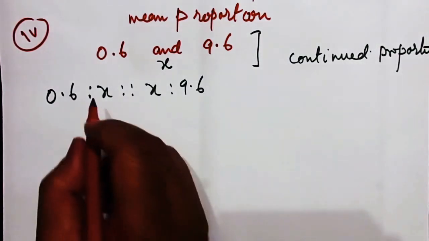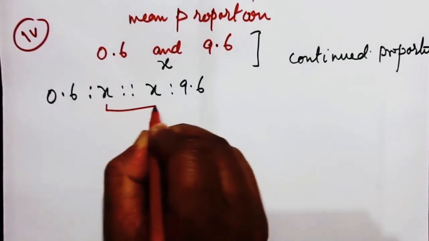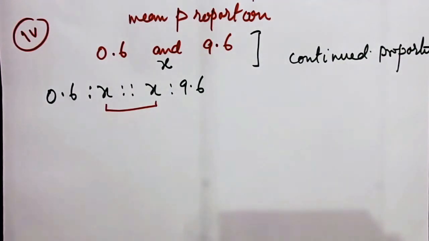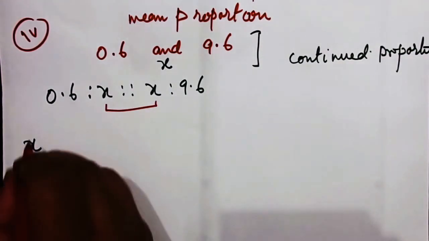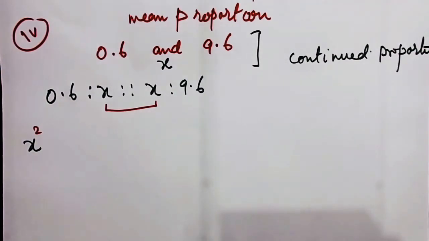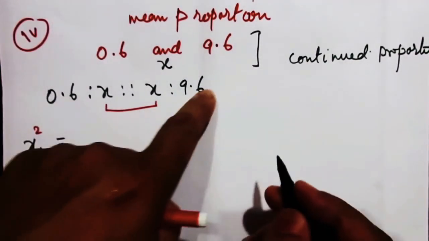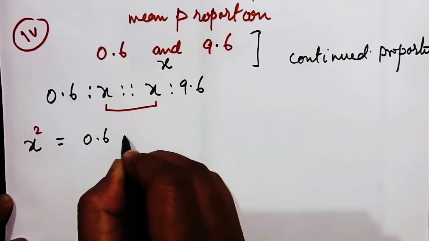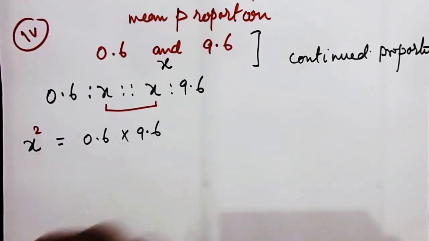When we multiply the means, we get x square, which will be equal to the product of extremes, 0.6 and 9.6.